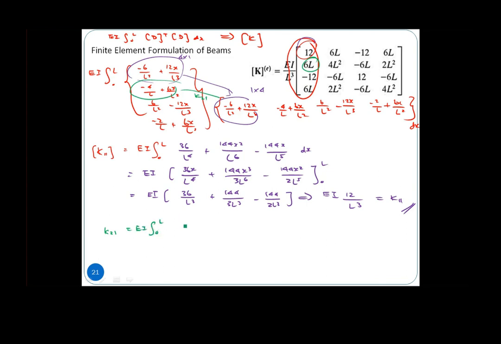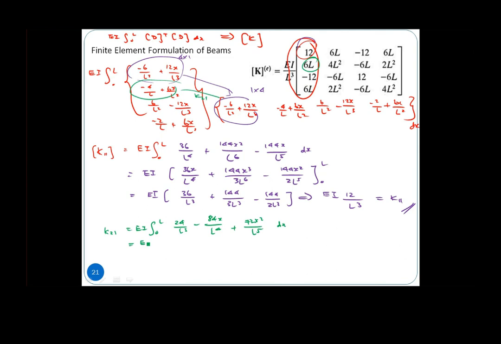We have 24 over L cubed minus 84x over L power 4 plus 72x squared over L power of 5 dx.